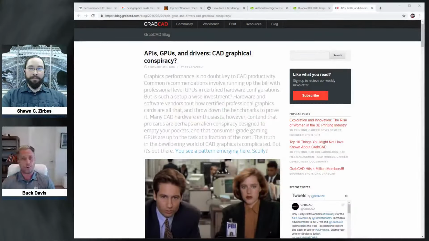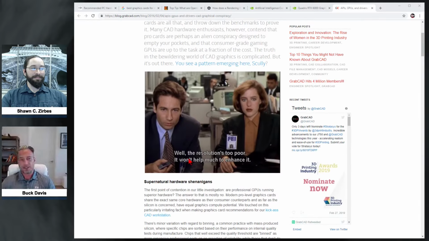But what makes a Quadro card different from a consumer card? The bottom line is it comes down to the drivers, and those drivers allow accelerated graphics to go across that card, right?